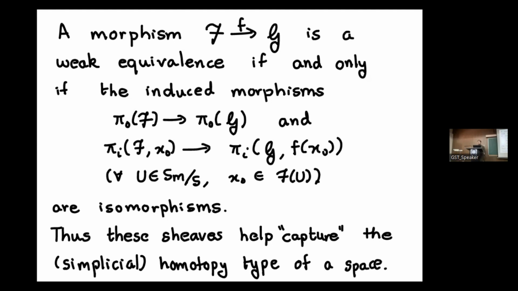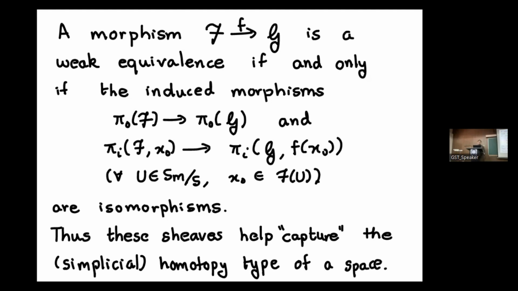It turns out that we fail in this objective, because a morphism that induces an isomorphism on pi i's need not necessarily be a homotopy equivalence, except when the spaces are nice, that is, when they are CW complexes. That's the kind of picture that's going to happen here also.